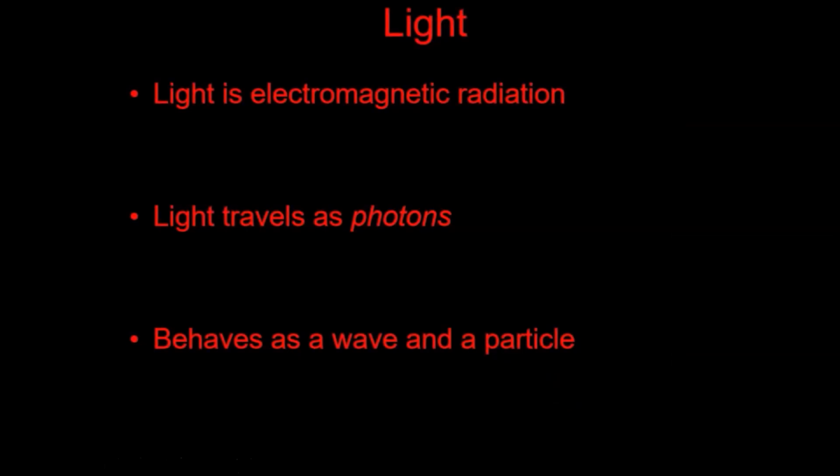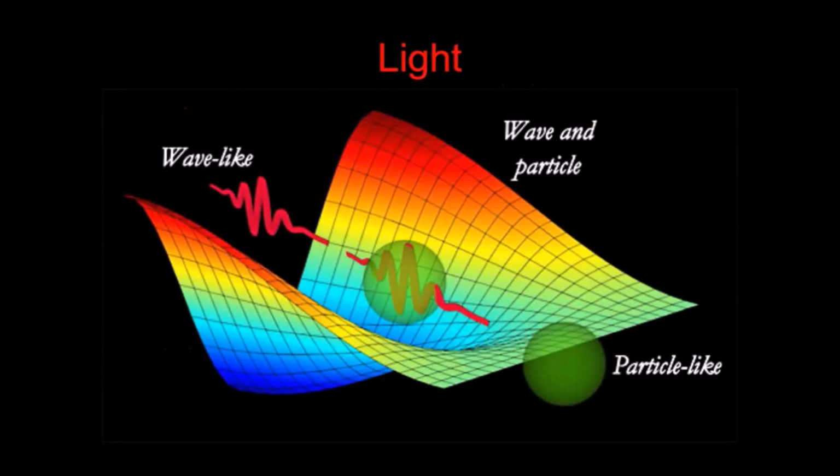So a lot of repetition here, but as we said, light travels as photons, but also travels as a wave and a particle. Light actually has wave-like and particle-like responses when it impinges on a surface.